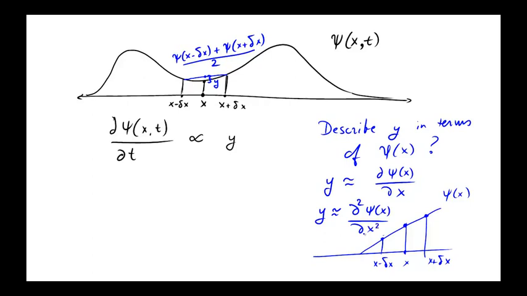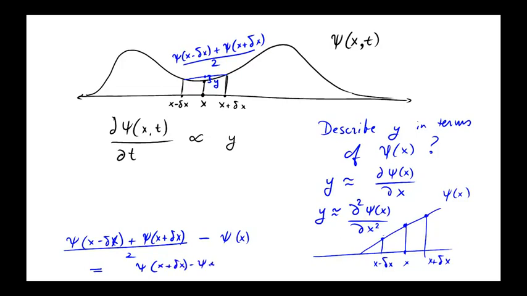The way you might see this is that this difference, psi of x minus delta x plus psi of x plus delta x, divided by 2, minus psi of x, is the same as psi of x plus delta x minus psi of x.